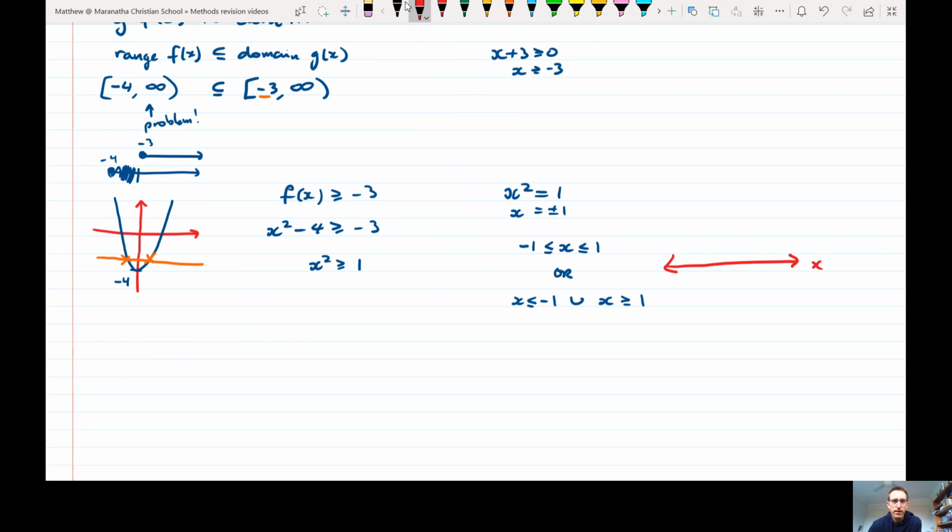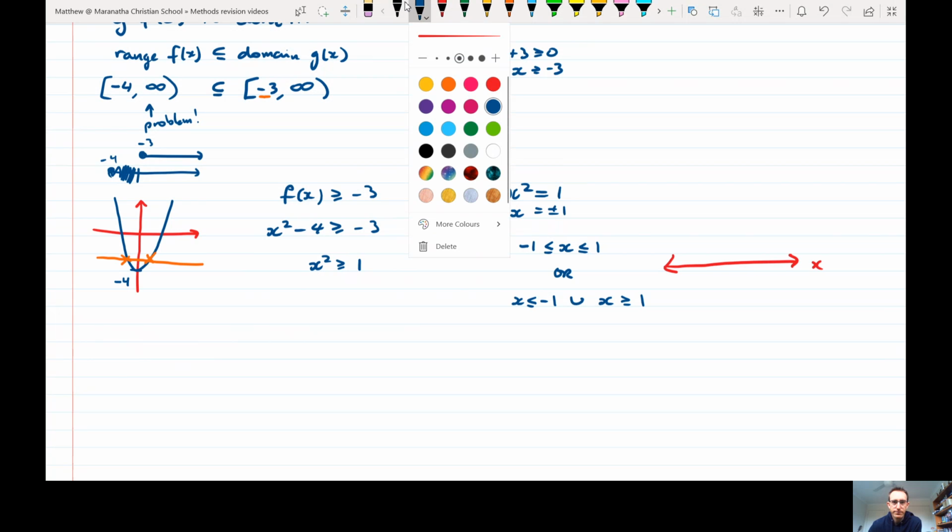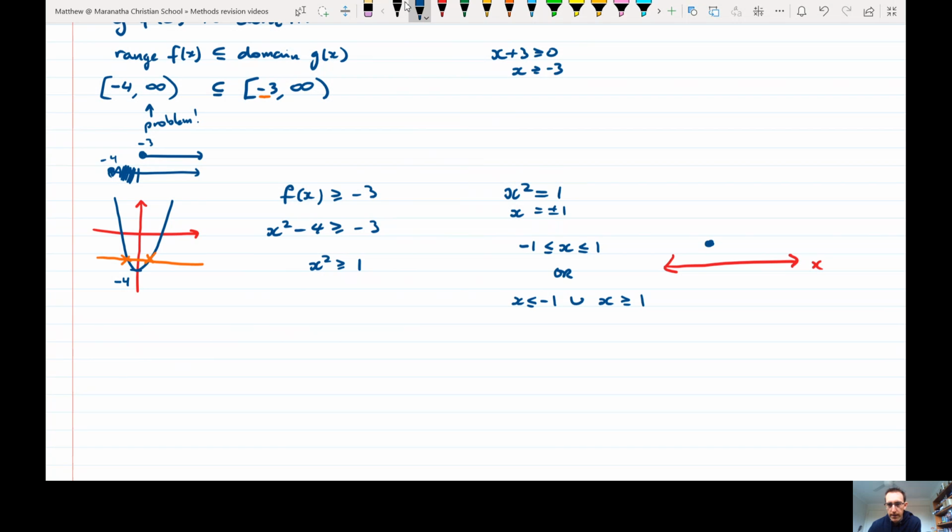So x, you're either going to have between those two values, or outside those two values. Hopefully just by looking at the graph, where we said we had to go on the outside of those two points, you'll be able to deduce which of these two options we need. It's clearly the second one.